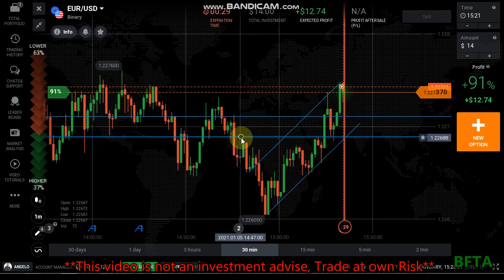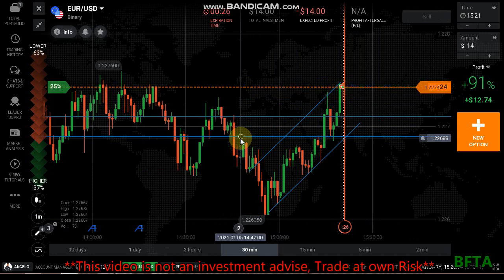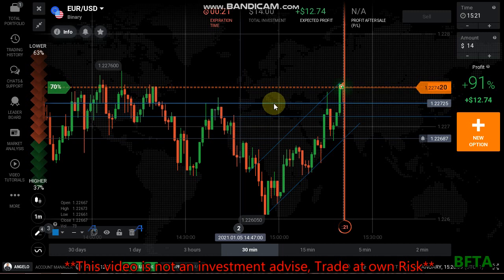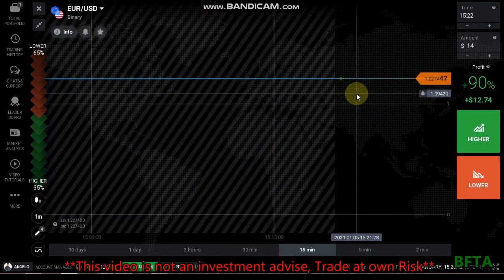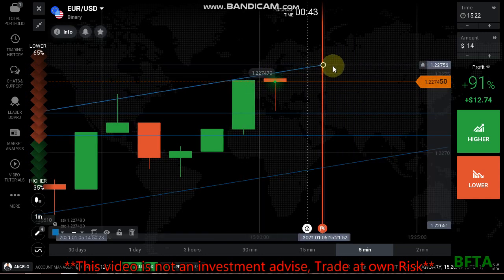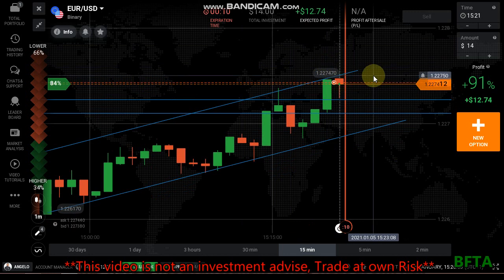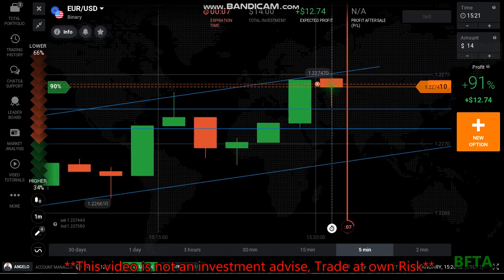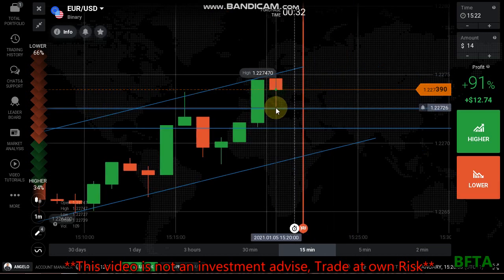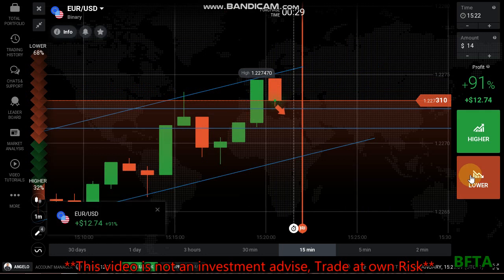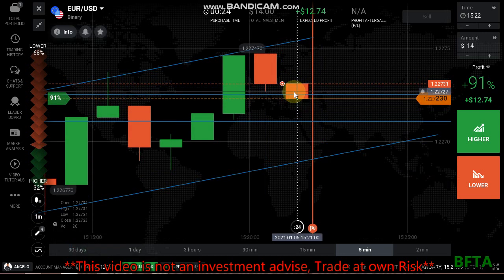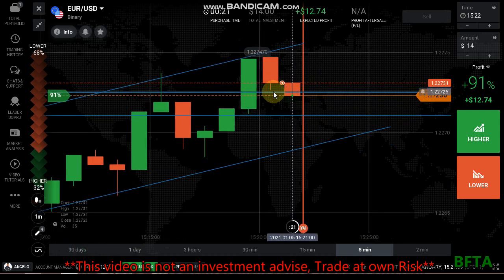Okay, now when sellers have entered, sellers got rejection from here, but not exactly at this point, so sellers are going to enter for 1 minute. So now you're going to expect a weak bearish candle, got rejection from this level.